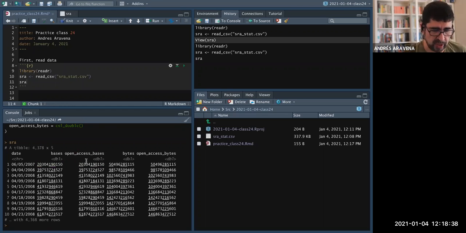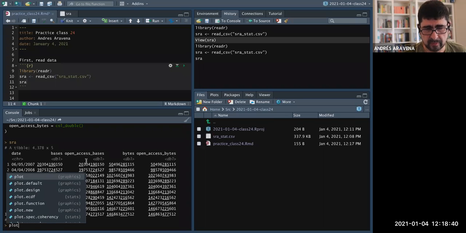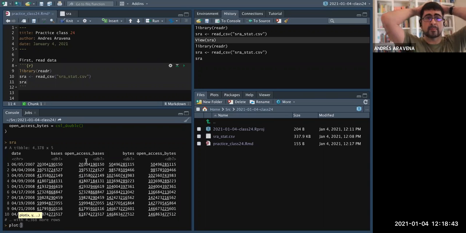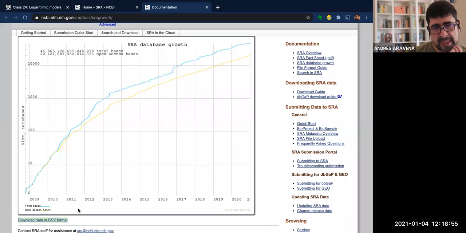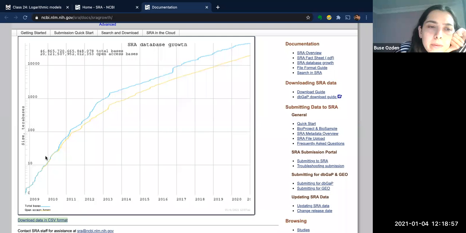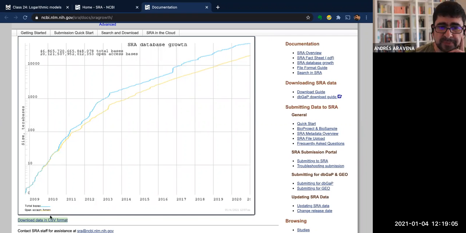Okay, what do we want to plot here? Maybe we should see this again. Open access bases to open access bytes, I guess. But look at the plot. The plot has 2 lines.